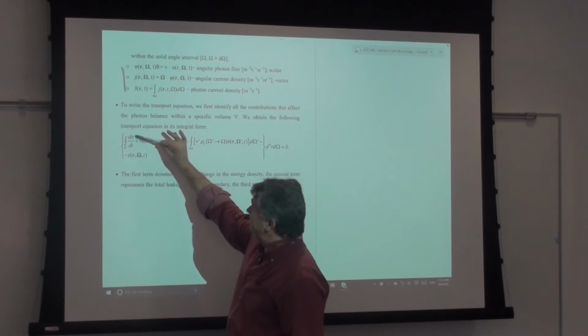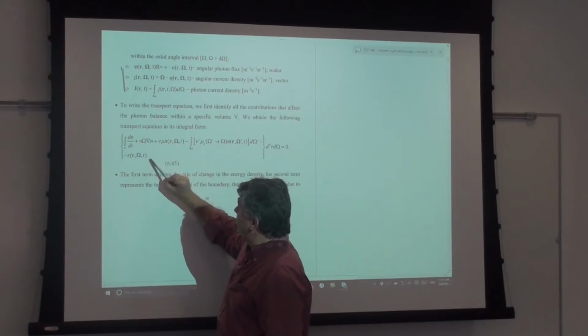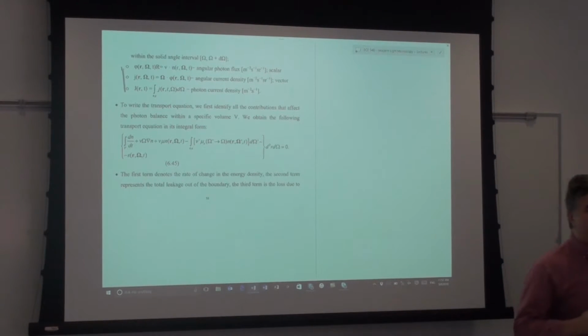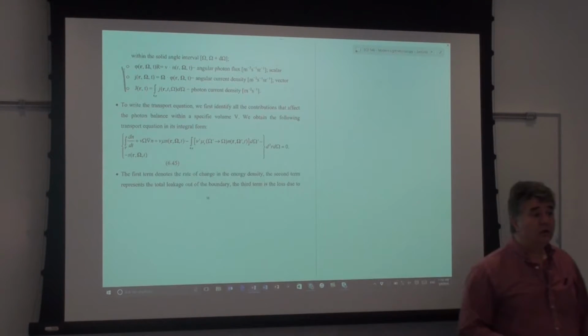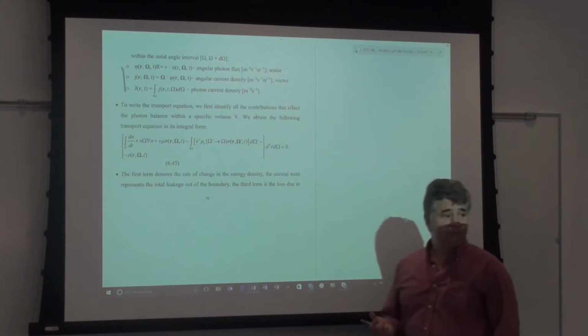So first of all, this is the change in density with time. I potentially can have a source in there. So in biomedical imaging, what could that be due to? Contrast agents. Normally fluorescence.